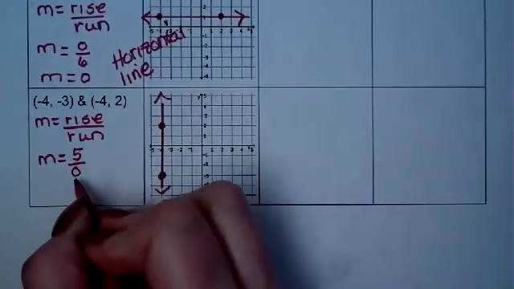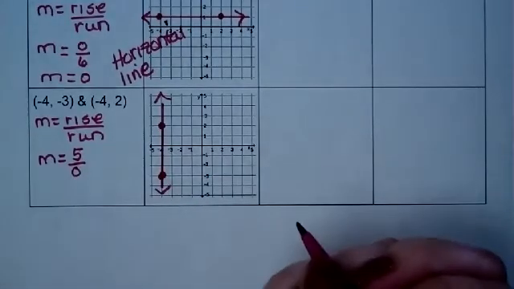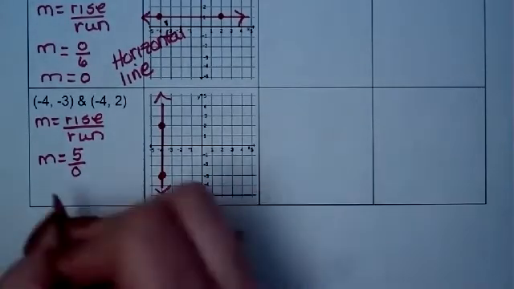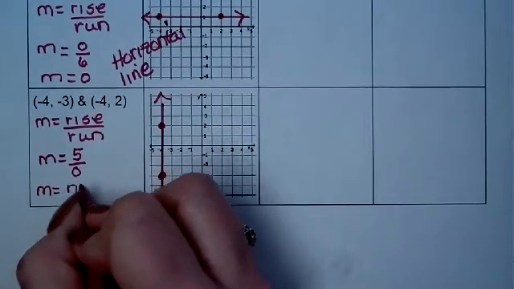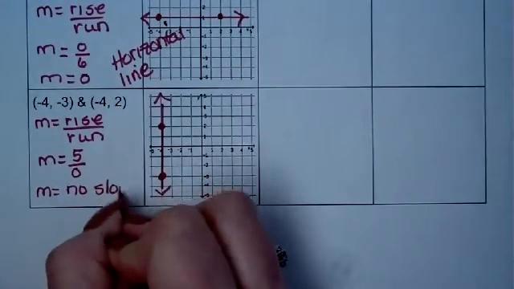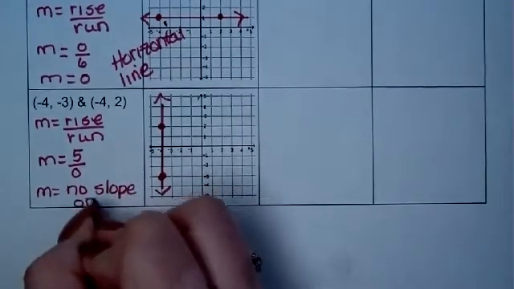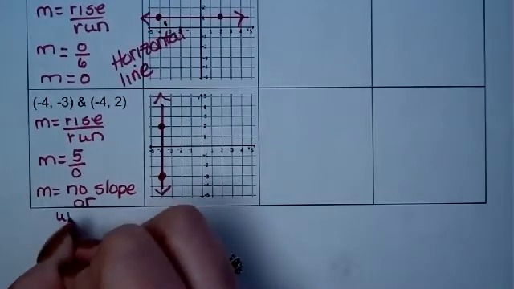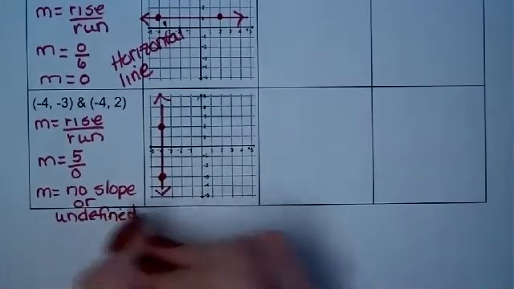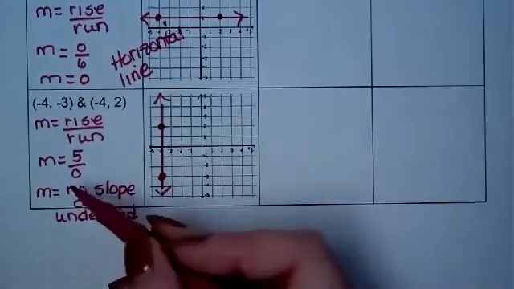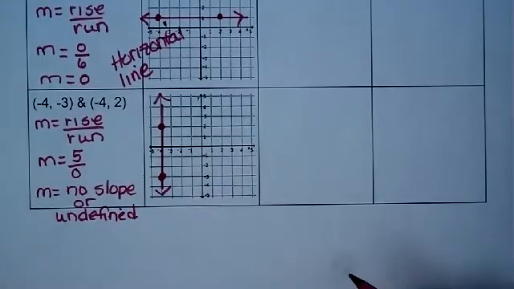So since we have a 0 in the denominator and that is not possible in our world, we're going to say that there is no slope. And sometimes they will say it is undefined. Okay, the reason it's called undefined is because of the 0 in the denominator.